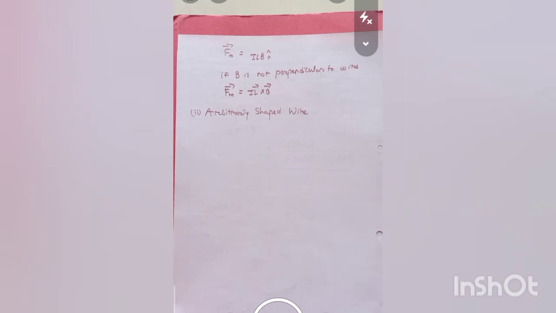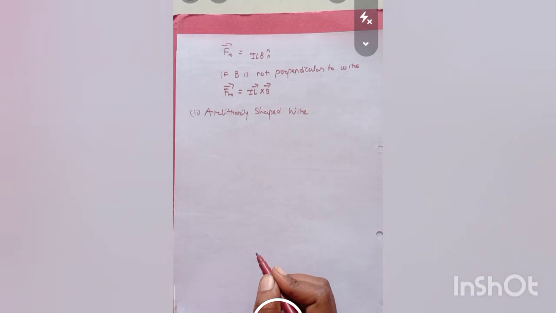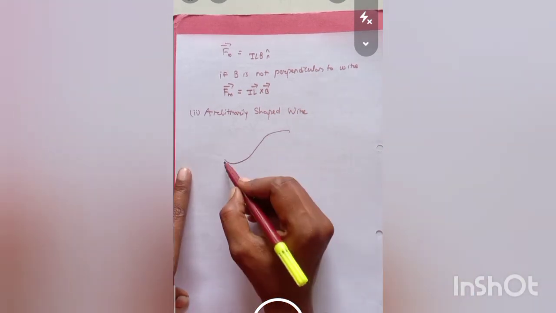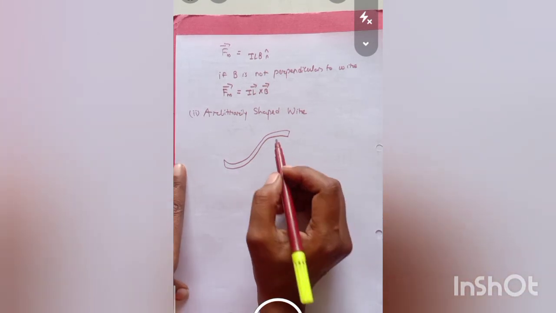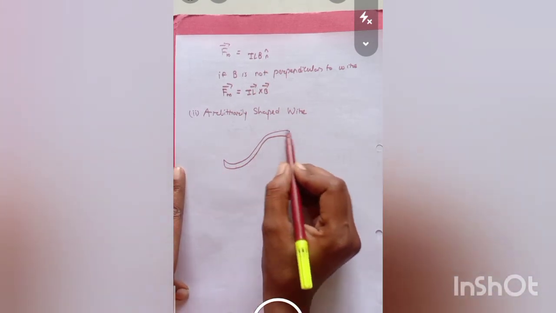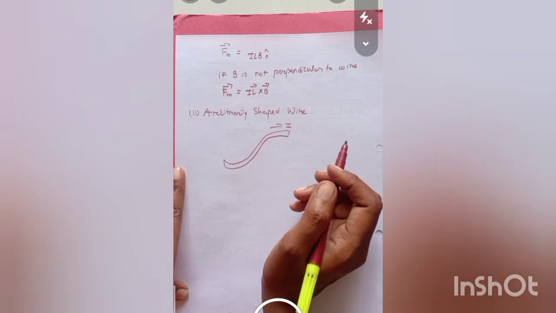Now we will check the force on a current carrying wire of arbitrary shape. So for this, we will consider an extended wire of arbitrary shape. Like suppose this. Now when the current is flowing from this point to this, so I can say current is flowing in this direction.